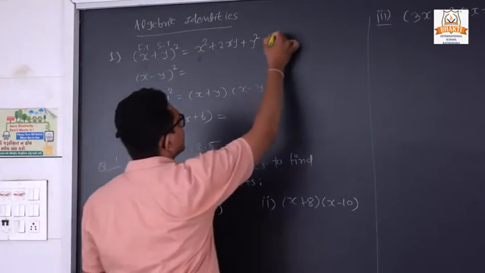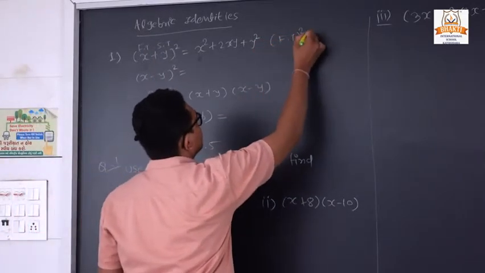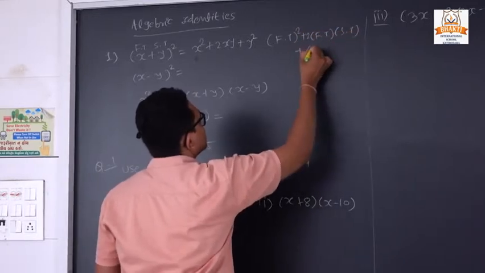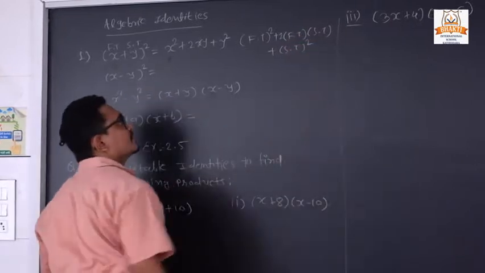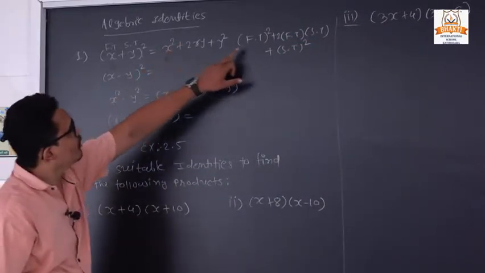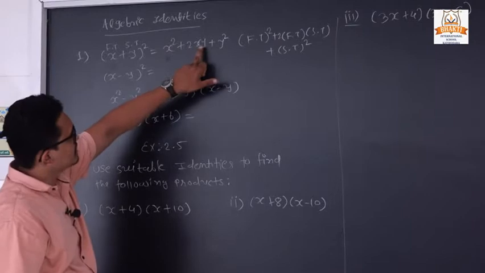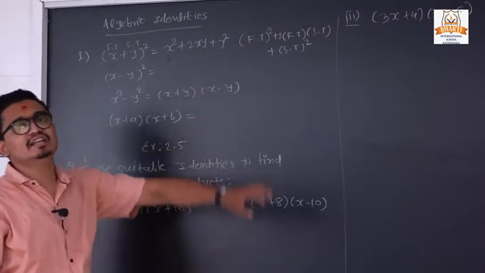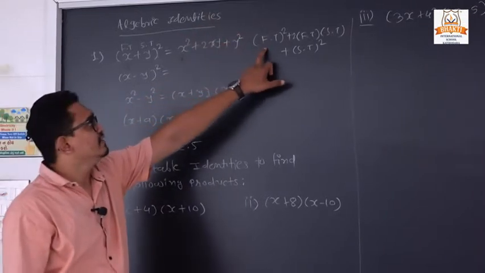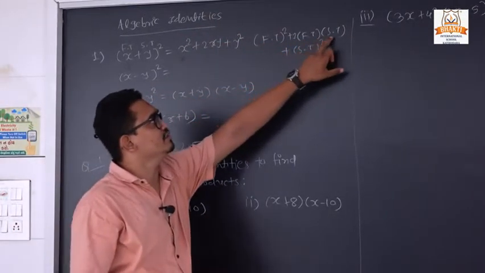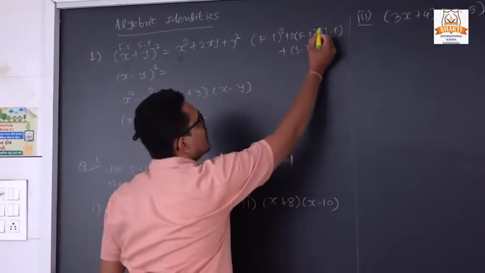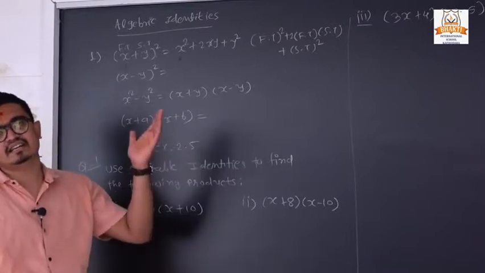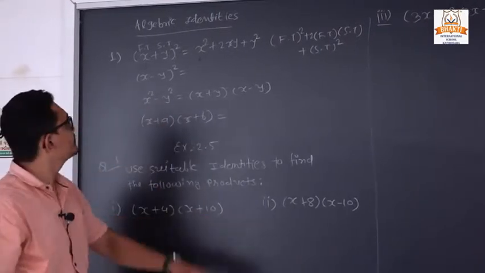So we can also write it as first term all square, plus 2 into first term into second term, plus second term all square. You can easily remember it that way. It is very easy and you already learned it in 8th standard.